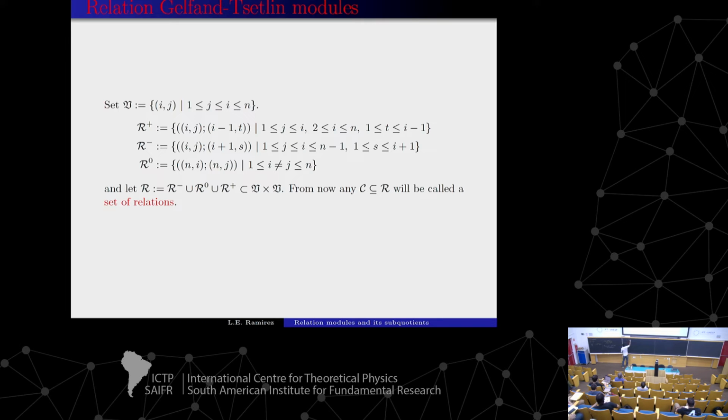So you have a set of vertices for row 1, for row 2, for row 3. Inside this set of vertices, you define some relation. So it's a subset of B times B. And these relations, you can think about them like arrows.